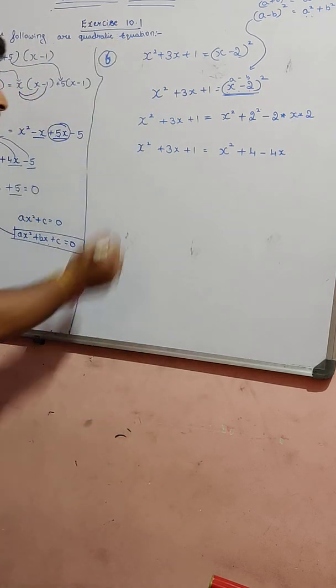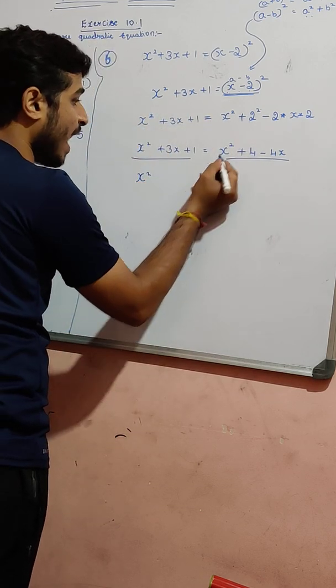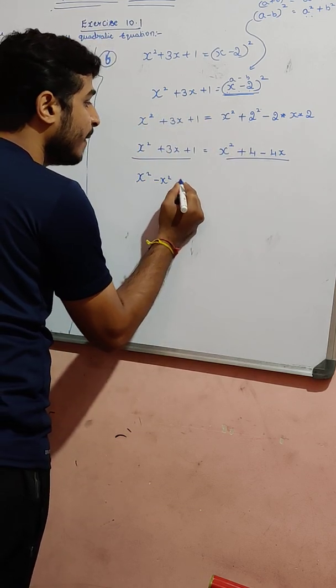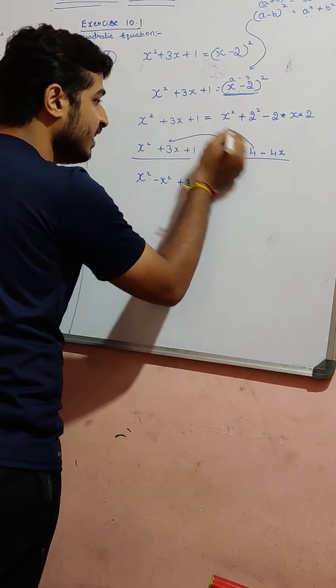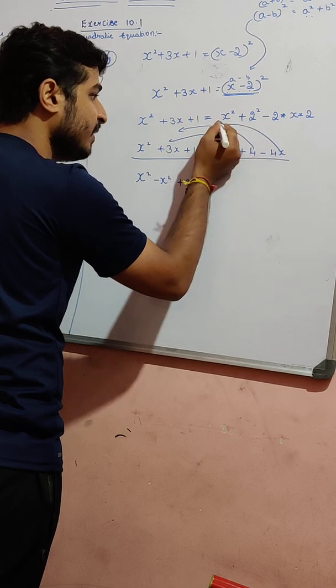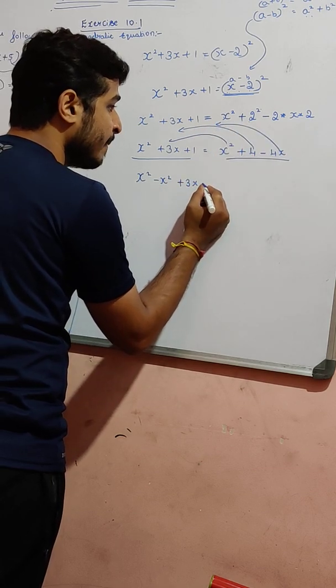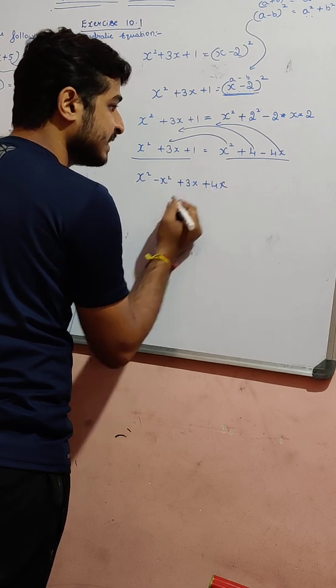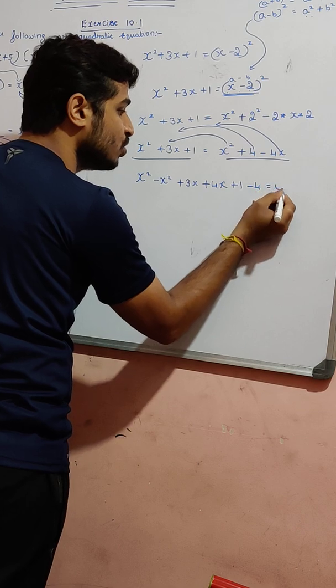Now it has become an equation. Now you shift it over here: x square minus x square plus 3x. Shifting here becomes minus, shifting here becomes minus, shifting here becomes plus. So next plus 3x becomes plus 4x. Here plus 1, here minus 4 is equal to 0.